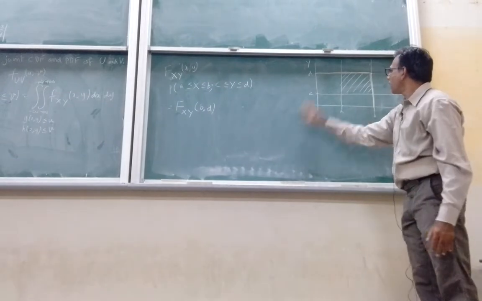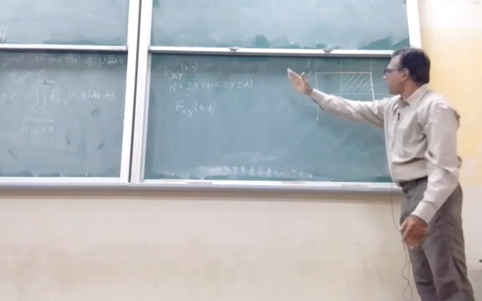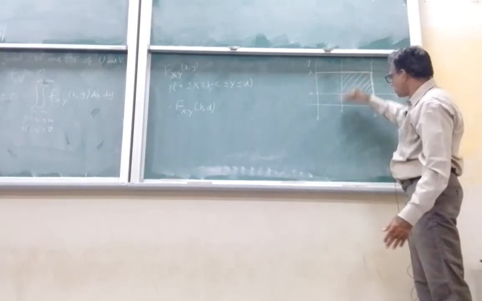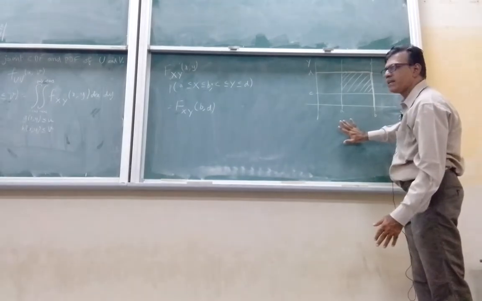So everything is there, but I want only this region. What do I do? I will subtract this one, and also subtract this one, because all these are not allowed.